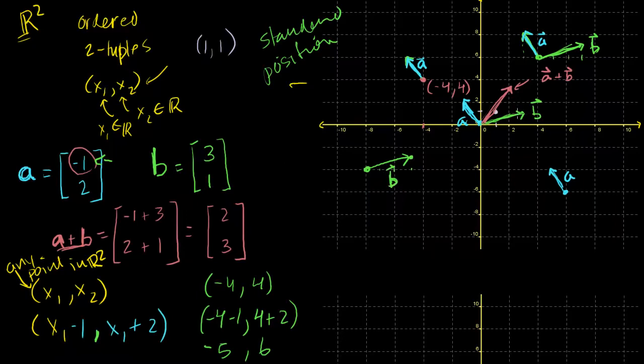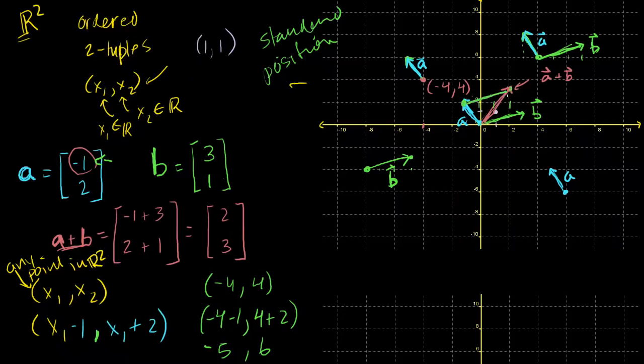So another equally valid representation of vector B is to start at this point right here, the end point of vector A in standard position, and then draw vector B starting from there. So you go 3 to the right, 1, 2, 3, and then you go up 1. So vector B could also be drawn just like that.